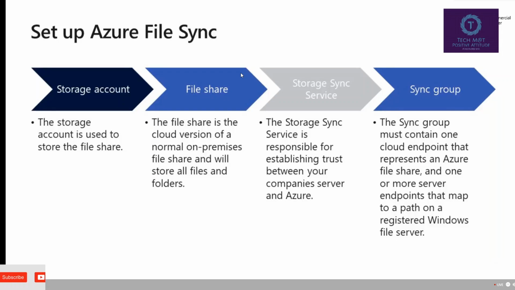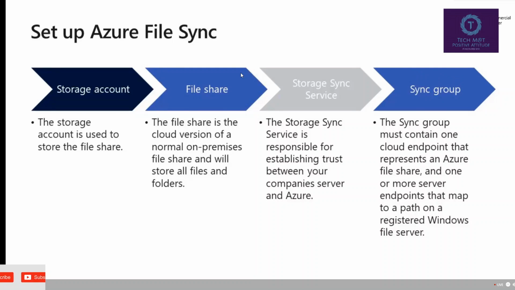So this is basically the timeline in terms of configuring all this. I create a storage account, I create a file share on that storage account, then I create the storage sync service, and then I create the sync group.